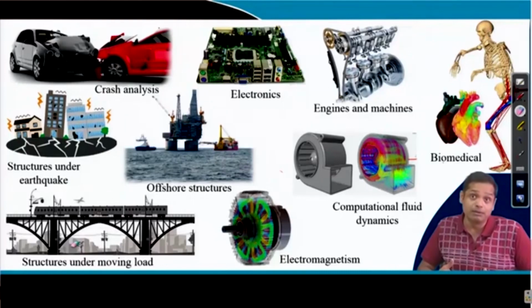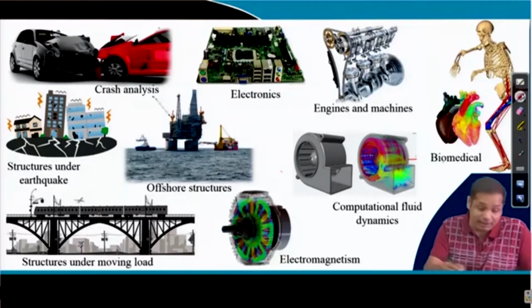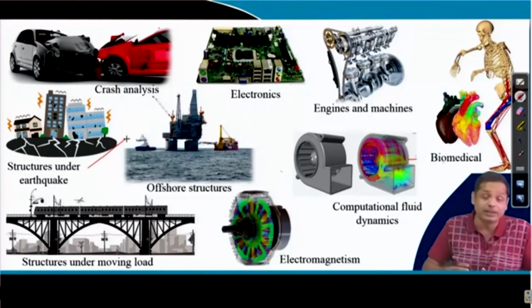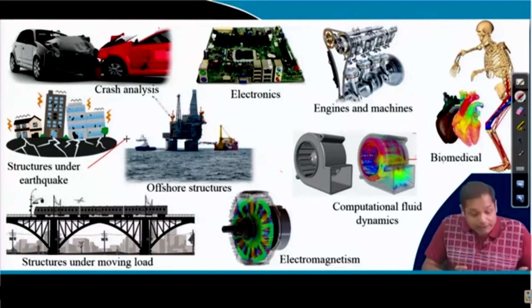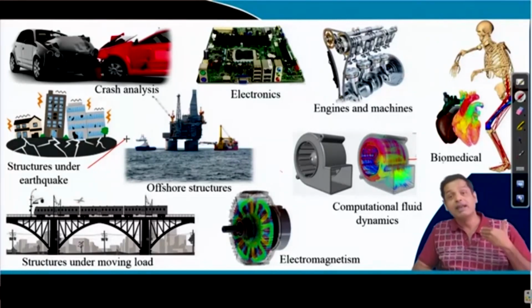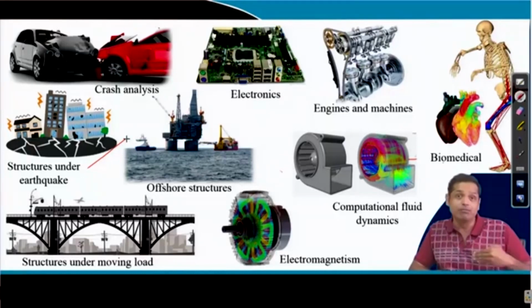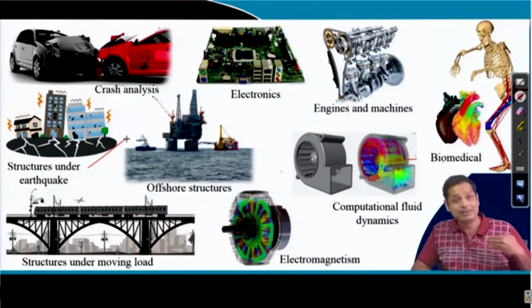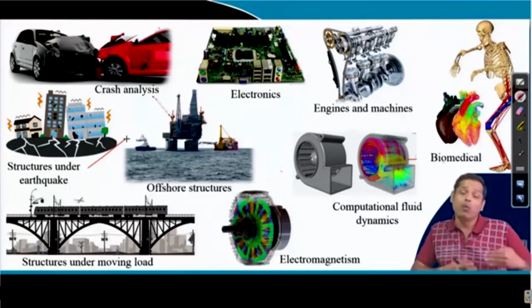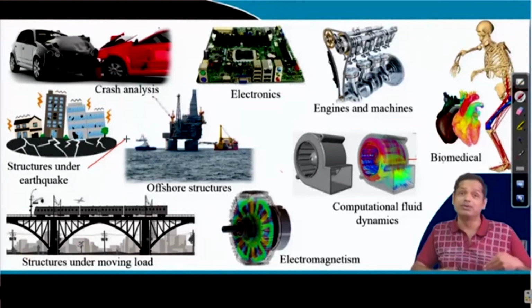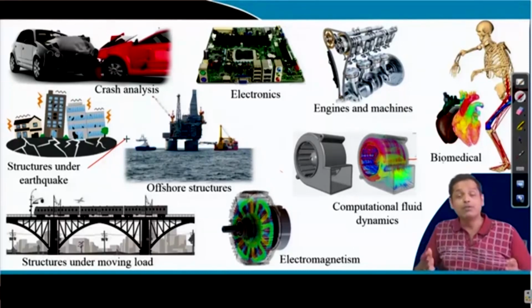Suppose we want to design any structure which is subjected to earthquake loading. Or suppose there is a bridge and a train is moving on the bridge. As the train passes through, stress is generated in the bridge. What are the stresses generated because of this moving load? There is an offshore structure.